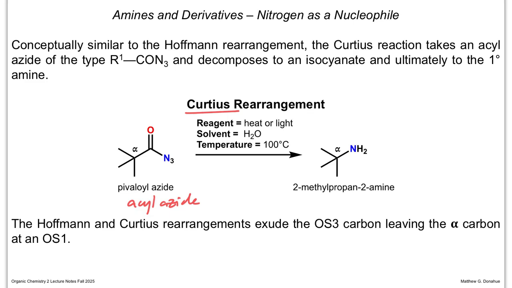There's no bromine. You're heating it or applying a certain wavelength of light to initiate the rearrangement that gives you essentially the same product as a Hofmann would. So when you compare and contrast what's easier to make, a primary amide or an acyl azide, do I want to work with bromine, or do I want to try things with heat or light? So those things come into play, practically speaking.